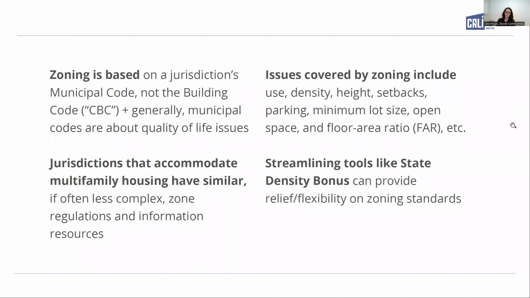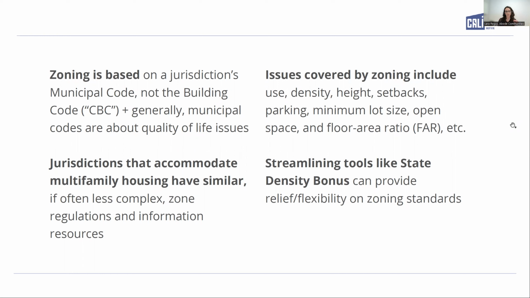For those of you who aren't really familiar with what zoning means, zoning is found in a jurisdiction's municipal code. Zoning is not building code. These are two different things. Zoning talks about allowable uses in general for a site or a neighborhood or a certain boundary. Every jurisdiction typically has maps and a legend, and it explains this.